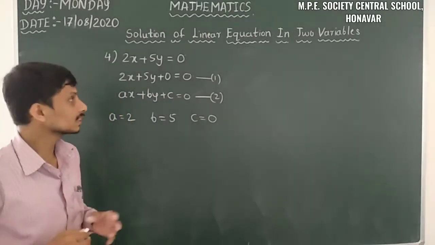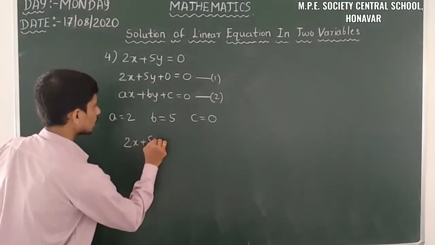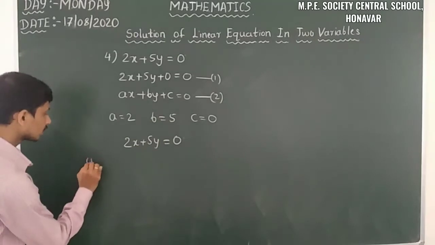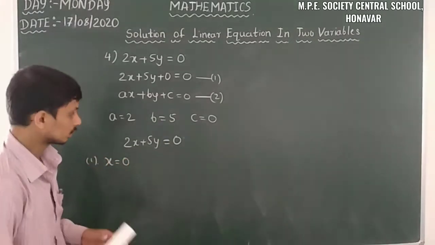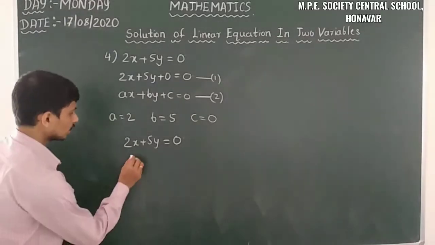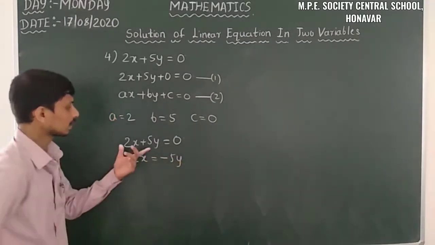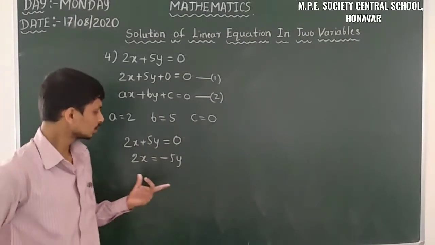So let us take this equation, 2x plus 5y is equal to 0. Firstly I will take the value of x is equal to 0, or you can convert this equation into the form of y is equal to. So 2x is equal to minus 5y. I transpose this 5y to the RHS side, it becomes minus 5y.